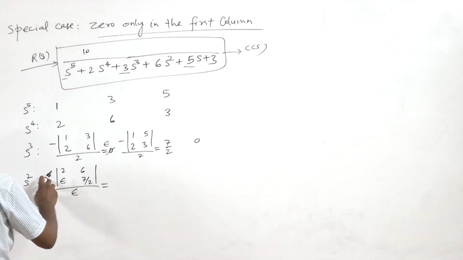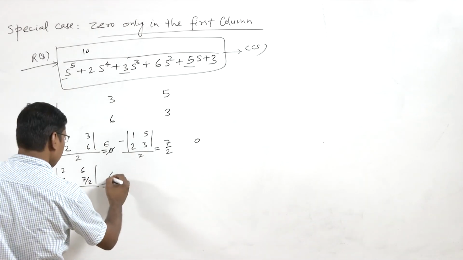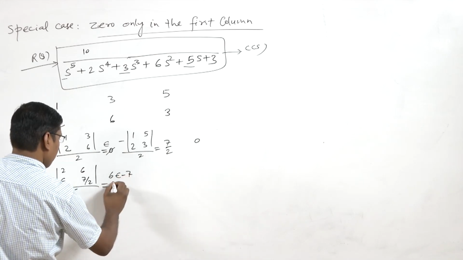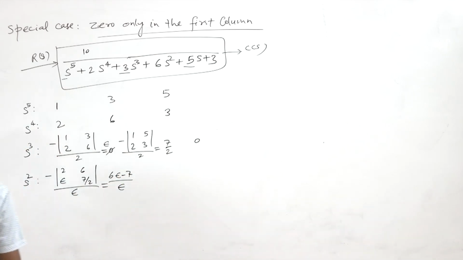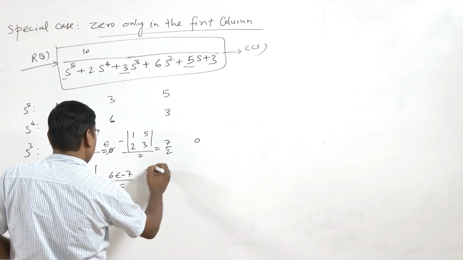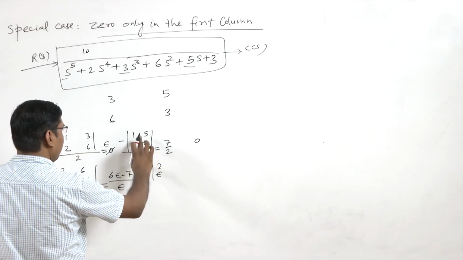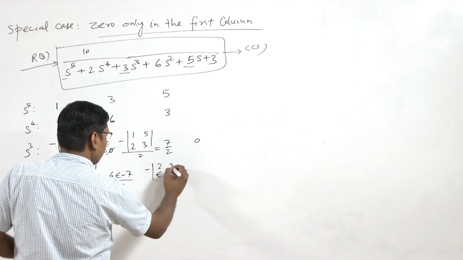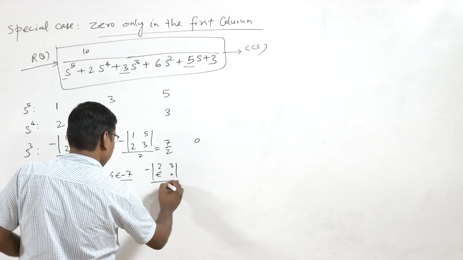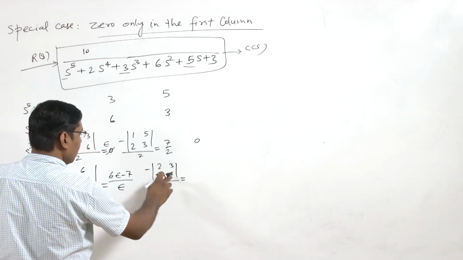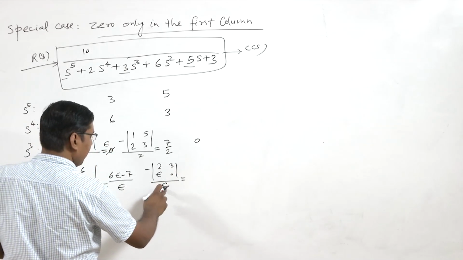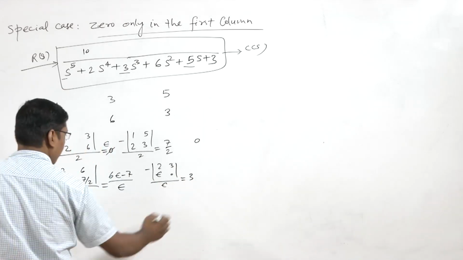So this is minus, so 6 epsilon minus 7 by epsilon. And this one is minus 2 epsilon and then 30 by epsilon, that is equal to 0 minus 3 epsilon by epsilon. So this is 3 and this is 0.